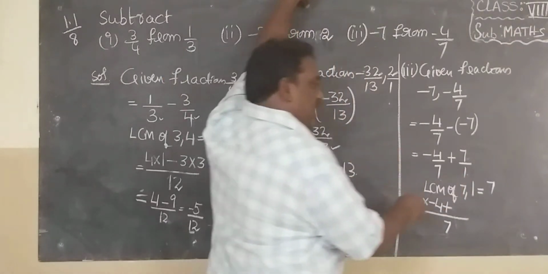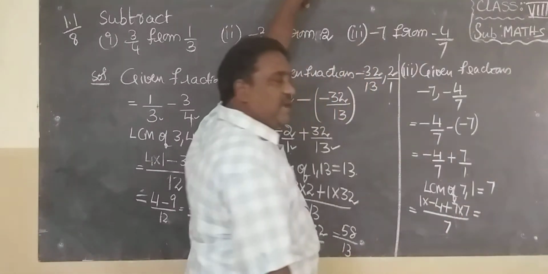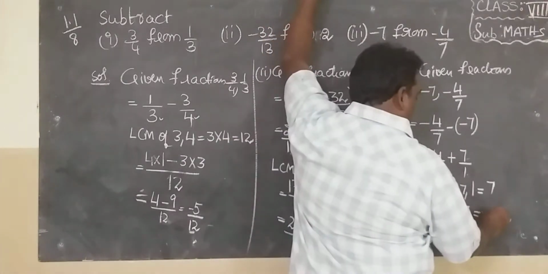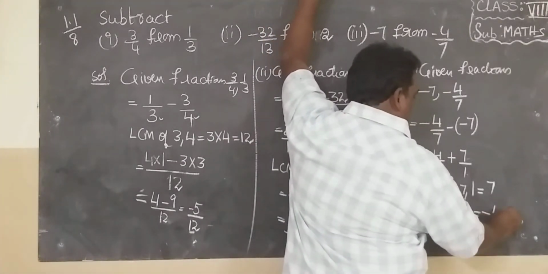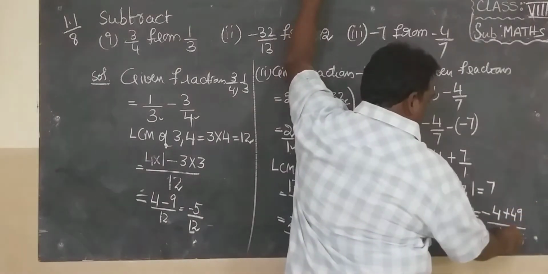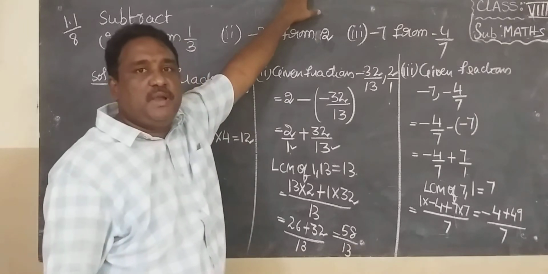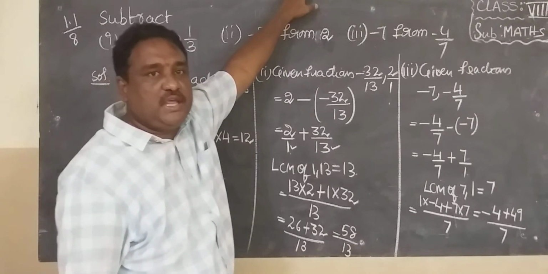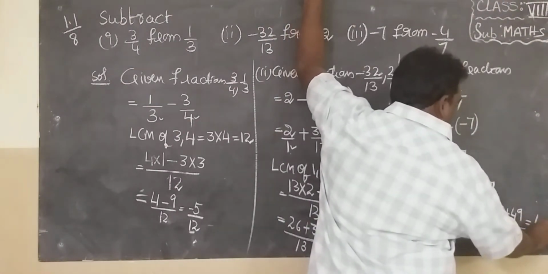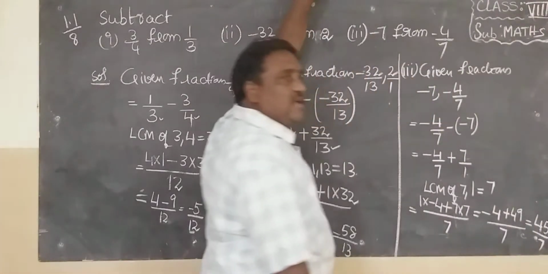Then the numerator is 7. 7 into 7. 1 into minus 4, minus 4. 7 sevens are 49 by 7. Now let us do subtraction. 45 by 7.